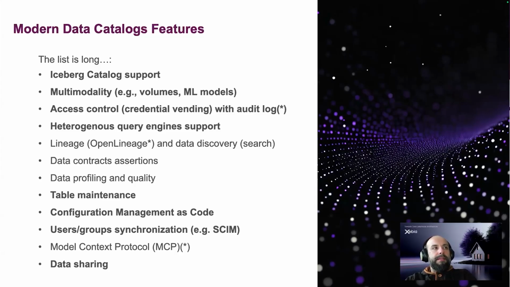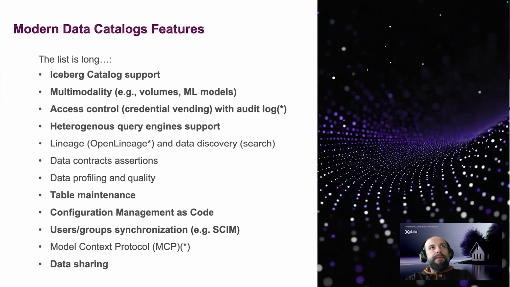Also, as I mentioned, data catalogs took over access control. It's no longer a separate component like Ranger that is solely dedicated to granting access. Of course, Ranger can still be integrated with some open source data catalogs as the source of security, but right now it's the data catalog that really enforces the security policy.